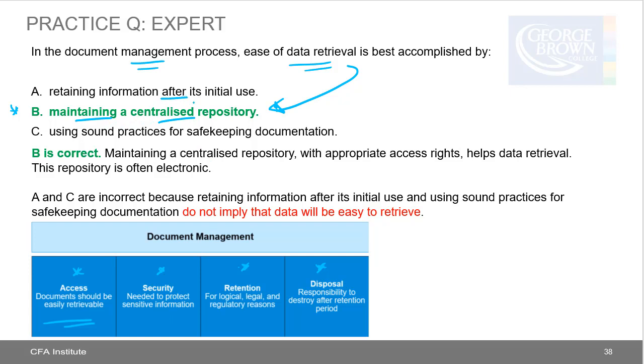Retaining information is a good positive thing, but it doesn't necessarily imply that that data will be easily retrieved. Using sound practices for safekeeping documentation is also a very positive thing, but it doesn't necessarily imply ease of data retrieval. So in the document management process, ease of data retrieval is best accomplished by maintaining a central repository. Okay, and that's the last slide, last question for this topic.